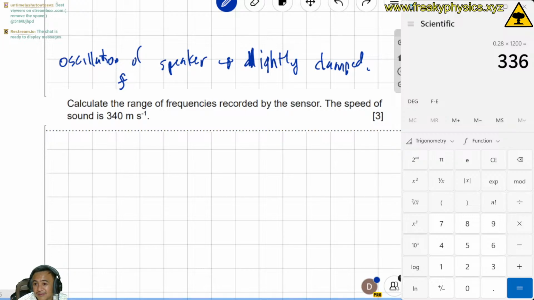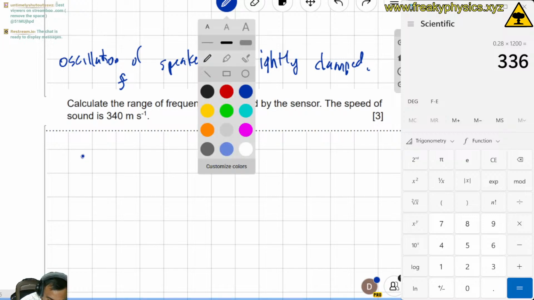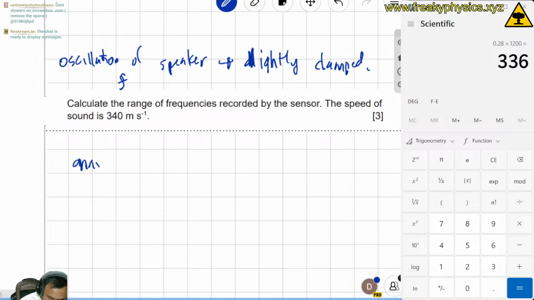Finally came in. Okay. So the idea here now is in the oscillation, there's going to be a maximum frequency and there's going to be a minimum frequency.